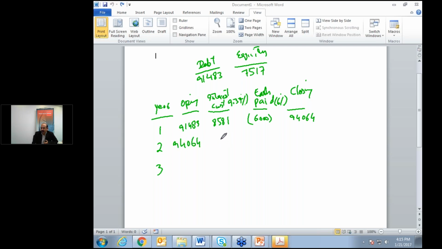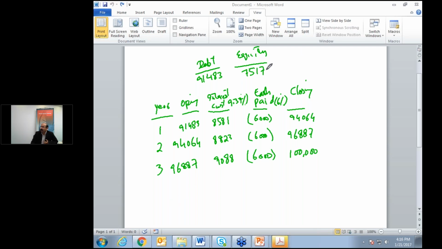In the second year, this will become 8823 when you apply 9.37% on this, and the payment will remain the same, 6,000. So your liability will become 96887, and in the third year, 96887 plus 9088, less again 6,000, will give you 100,000.